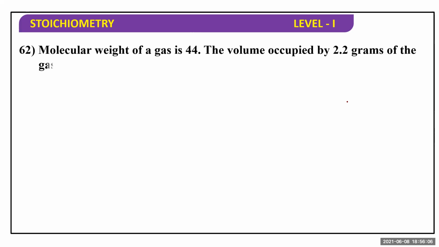I think this will be the last one. The molecular weight of a gas is 40. The volume occupied by 2.2 gram of gas is, which one is the correct? 1.12 liter, 1.4 liter, or 5.6 liter.